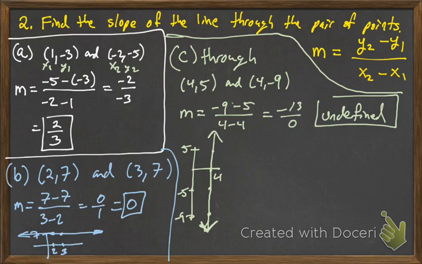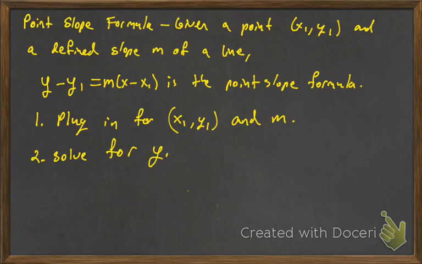I'm going to look at two different formulas, the point slope formula and then the slope intercept form. So the point slope formula, given a point (x1, y1) and the slope m of a line, is y minus y1 equals m times x minus x1.